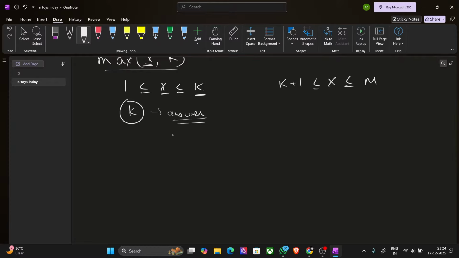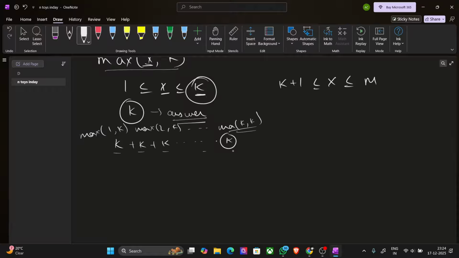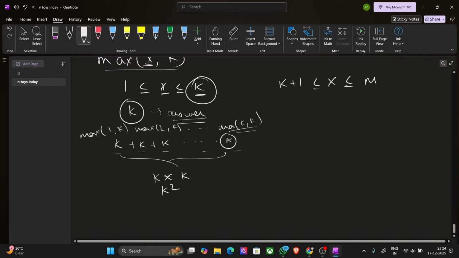So my answer will be k plus k plus k, up to how many times? k times, because the upper limit is k. So when I take max of 1 comma k, max of 2 comma k, up to max of k comma k, the answer will always be k. So when you add this, it is just k into k, or k square.